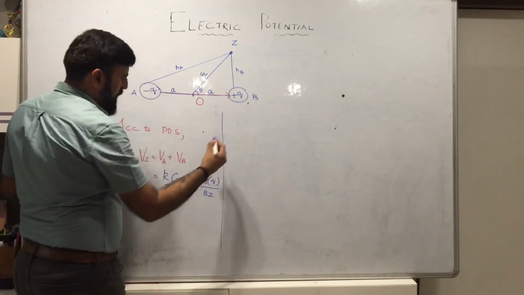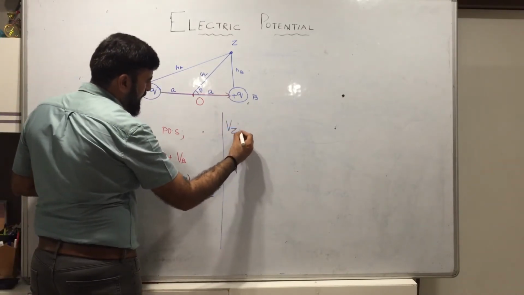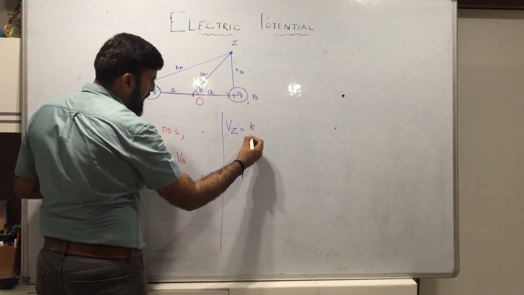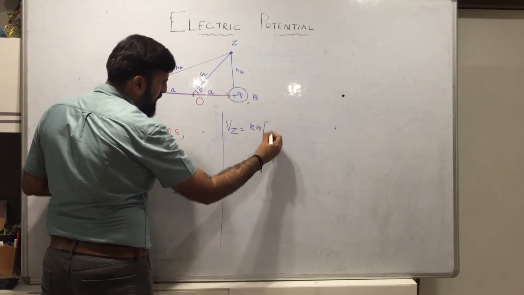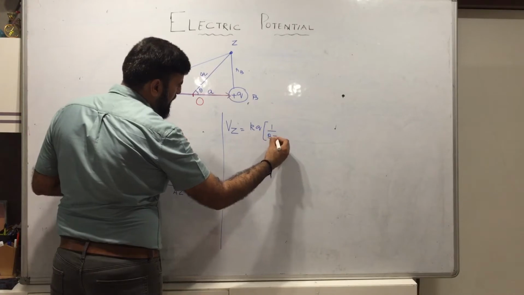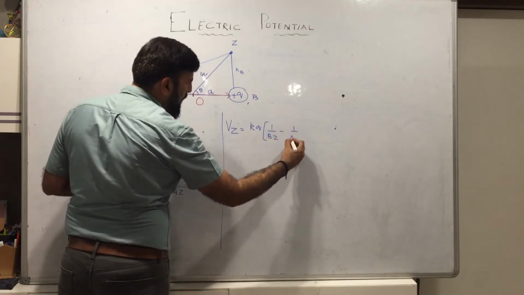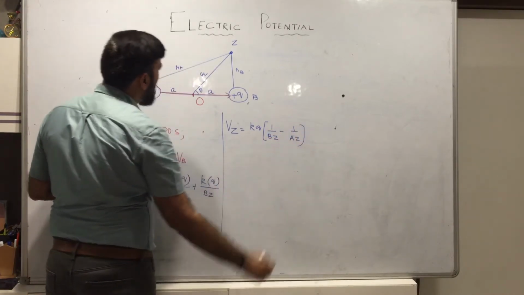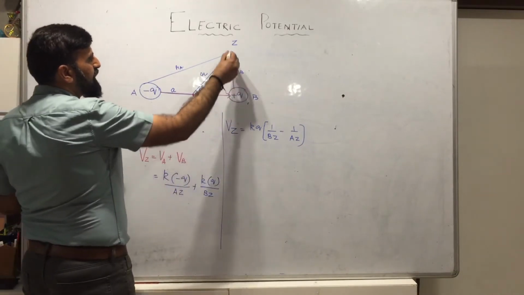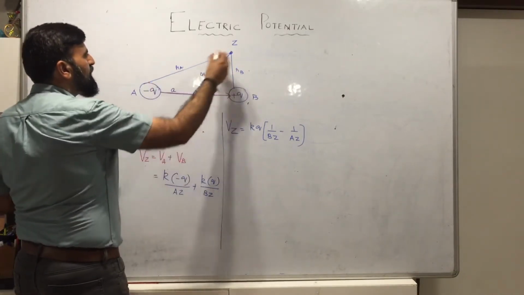So V at Z is equal to K Q, I'll take common, this will be 1 by BZ minus 1 by AZ. Okay, notice BZ here, BZ is this distance and AZ is this distance.